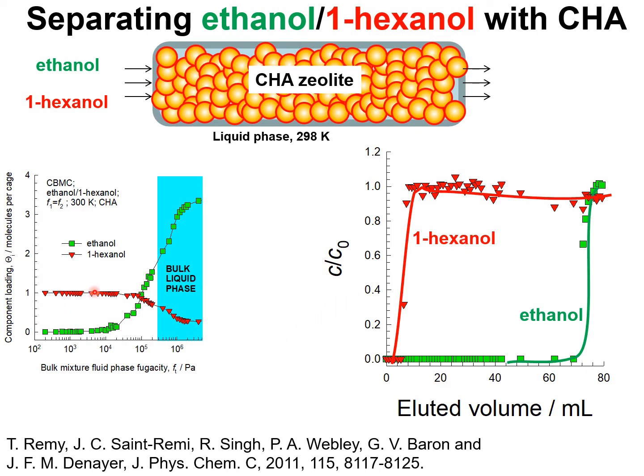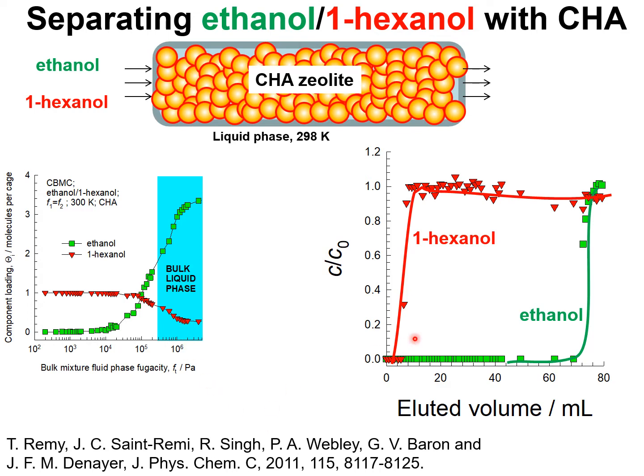These are the molecular simulations of the component loadings for 1-hexanol and ethanol in a mixture, and we see that if the bulk phase is in the liquid phase, the loading of ethanol is significantly higher than the loading of 1-hexanol.